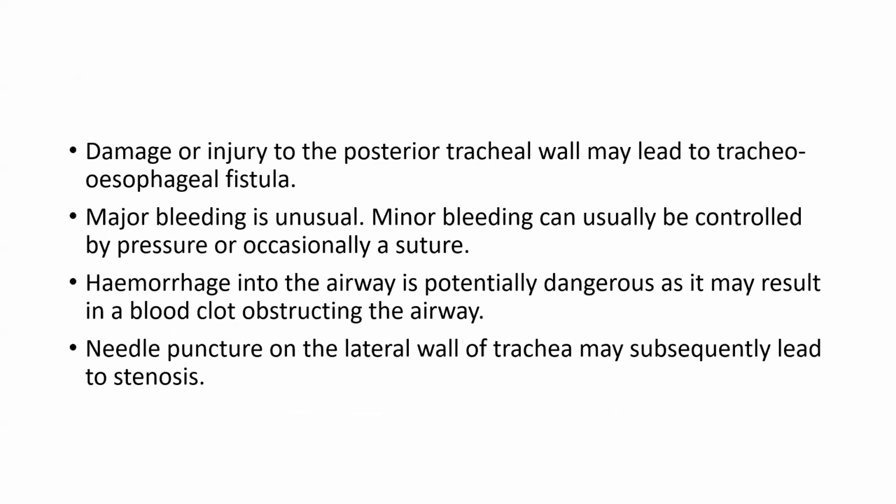Major bleeding is unusual and minor bleeding can usually be controlled by pressure and occasionally a suture. Hemorrhage into the airway is potentially dangerous as it may result in a blood clot obstructing the airway. Needle puncture of the lateral wall of the trachea may subsequently lead to stenosis.